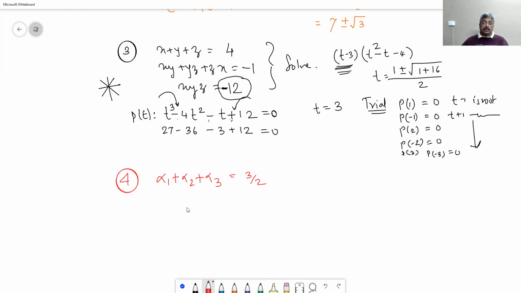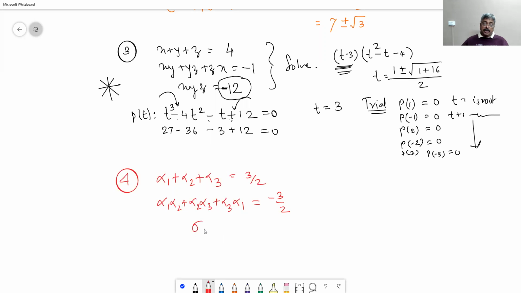Sigma 2, that is alpha 1 alpha 2 plus alpha 2 alpha 3 plus alpha 3 alpha 1 is equal to minus 3 by 2.